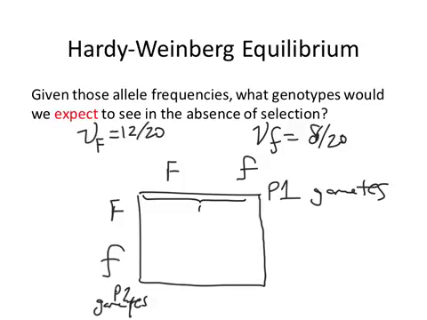It's 12/20ths, or what is that? Reduce it. 0.6. So 60% of the gametes in the population will carry a big F, and 40% will carry a little f. So you can represent that in a Punnett square just by changing the widths of the columns to represent the frequencies of the alleles.